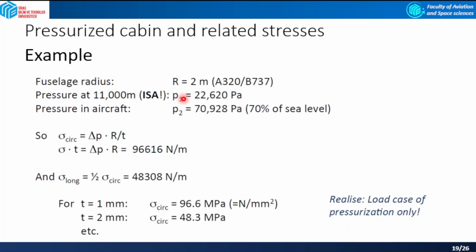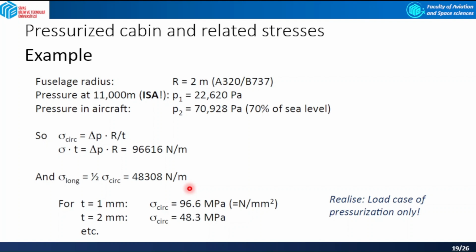And if you use the radius and pressure difference, you can find the stress times the thickness of the skin is 96,000 Newton per meter for the hoop stress, circumferential stress, and actually half of that, which is 48,308 Newton per meter for the longitudinal stress. And depending on the thickness of the skin, you can obtain different values for the hoop and longitudinal stresses.